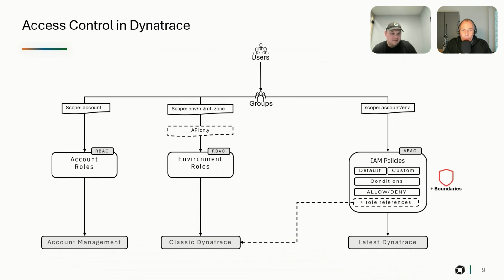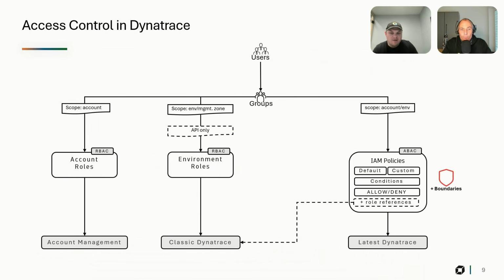And this is the important part: everything that's towards the latest Dynatrace is steered via IAM policies. So all that we have seen before, all the default policies, all custom policies, all the conditions, all the granularity, is all part of the newly established attribute-based access control system that is steered with policies.